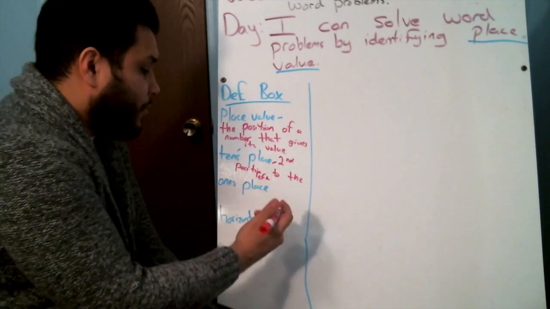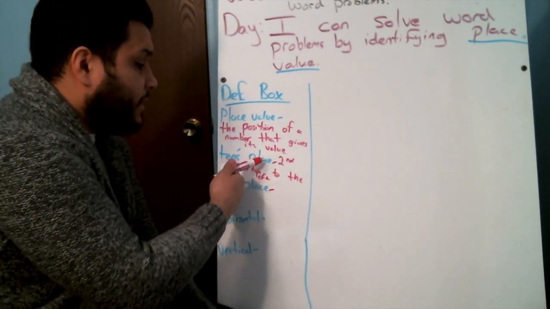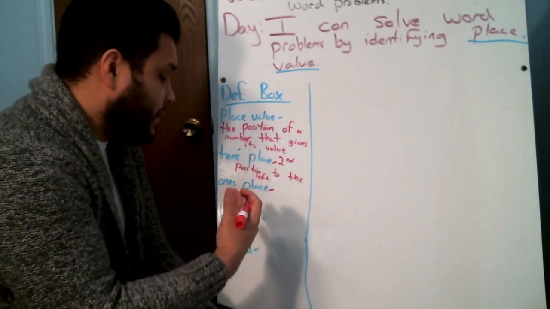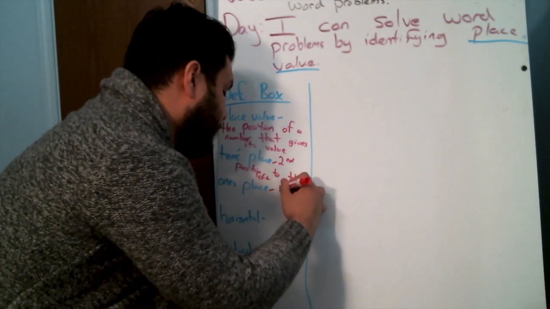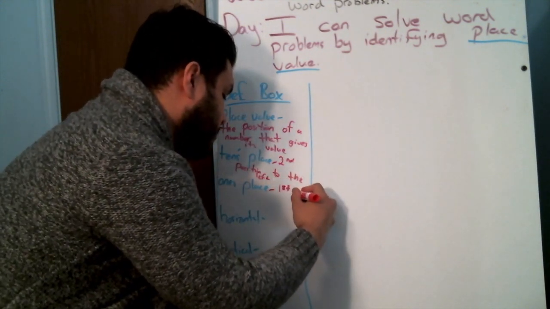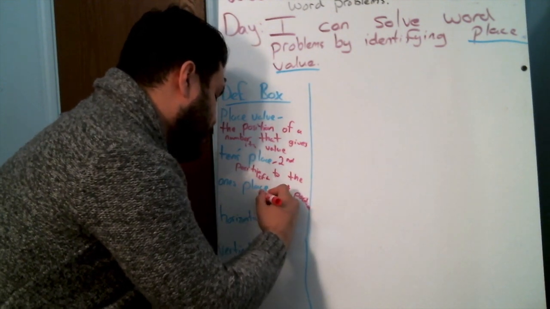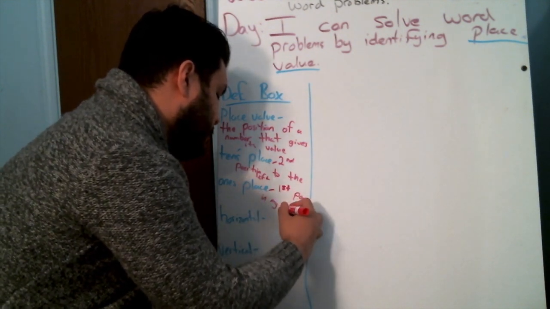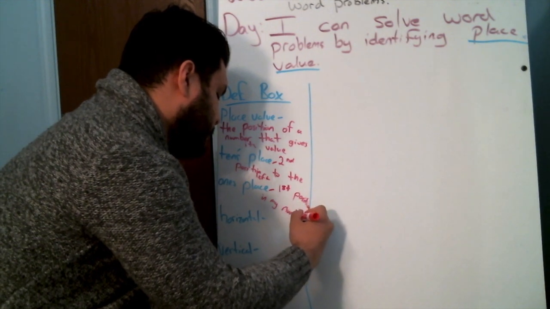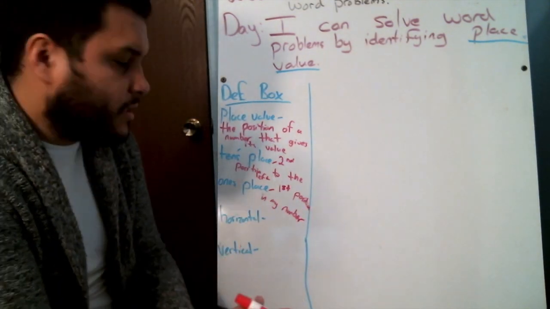Then we have our ones place. Well, if the tens place is the second position to the left, then my ones place is the first position in my number. And I'm going to explain the positions in just a second.